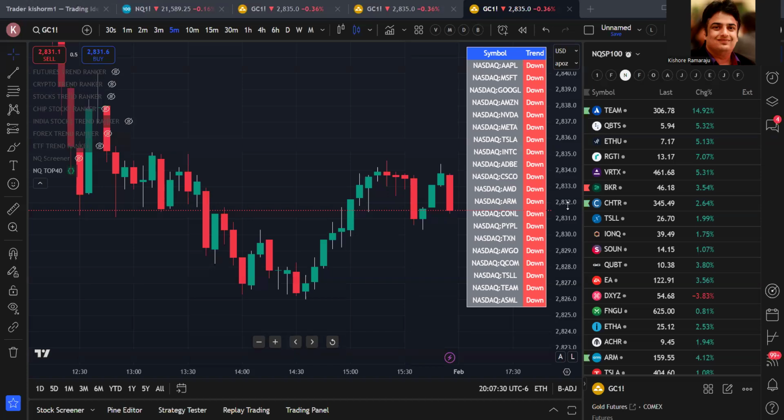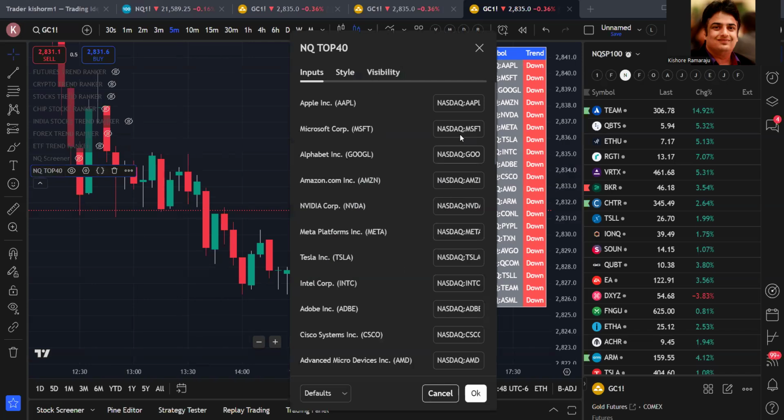But you have NQ, the top 100 tech stocks, like Apple, Microsoft, Amazon, Nvidia, Meta, Tesla, or Intel. These tech stocks always have nice liquidity and nice volume. You can add whichever tickers you want here. If instead of Apple you want to trade something else, you can change it. So you can put your favorite 40 symbols here.